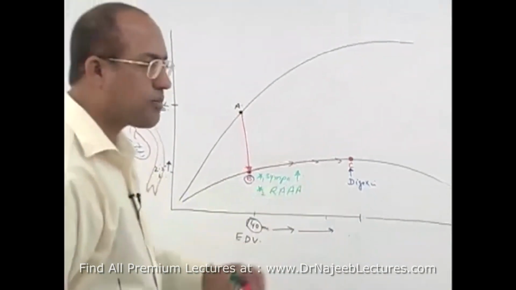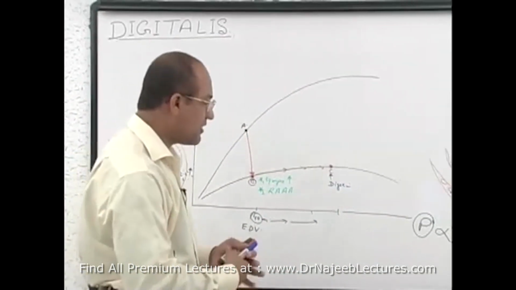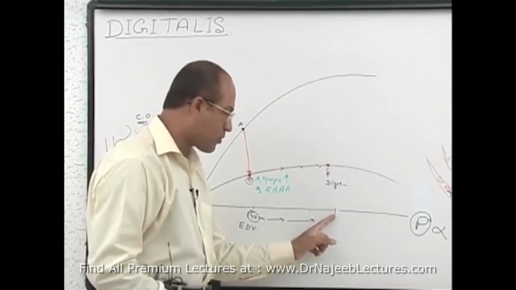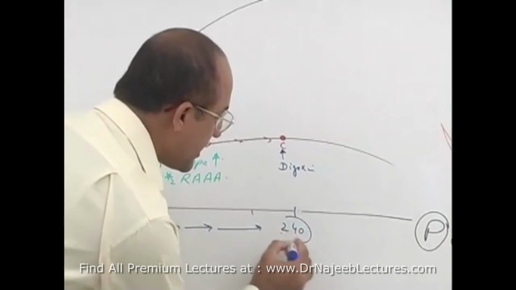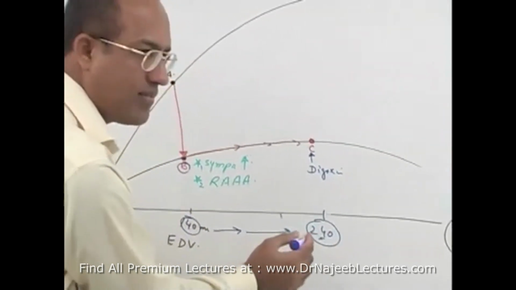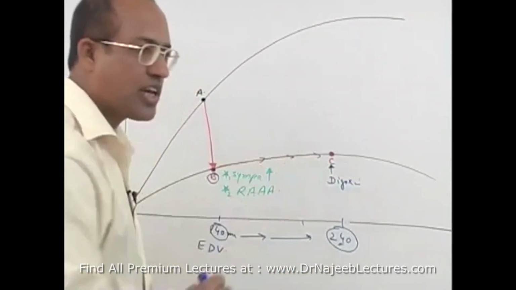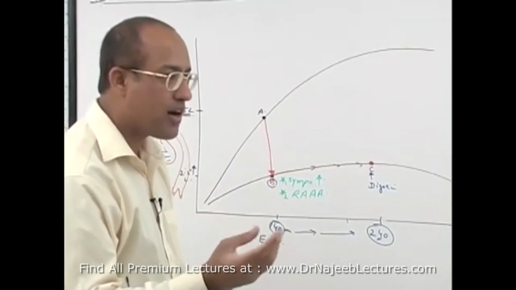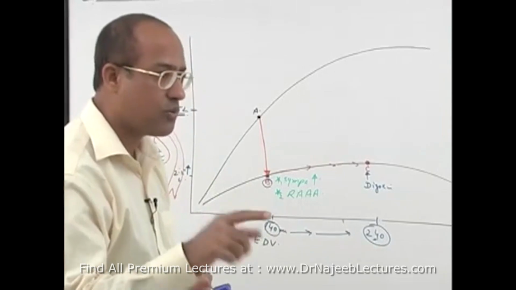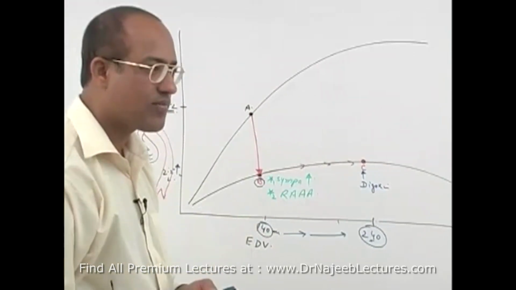Once the person is properly digitalized, for a given end diastolic volume, for example, now it is 240 ml. The patient has an end diastolic volume of 240 ml and then you digitalize, it was a dilated heart, will cardiac output now, under the influence of Digitalis, decrease or increase? Increase.